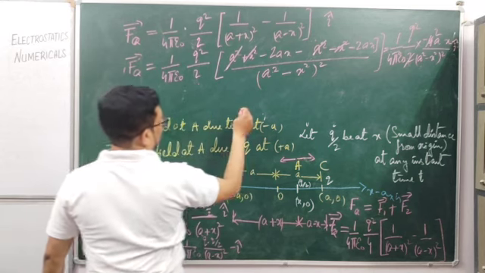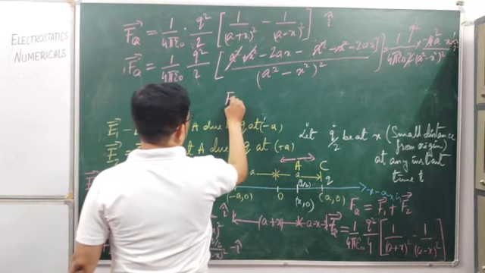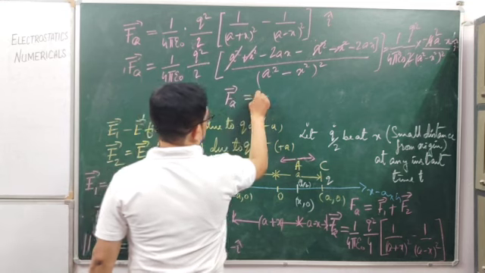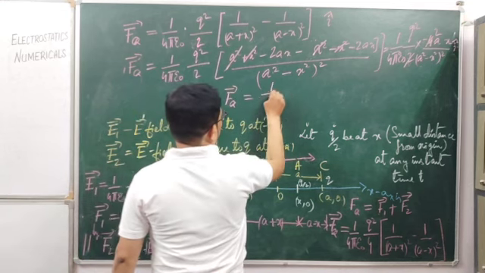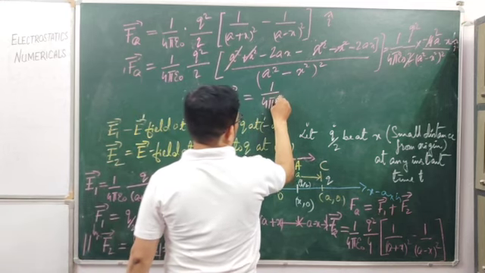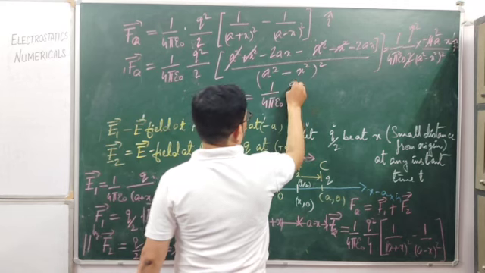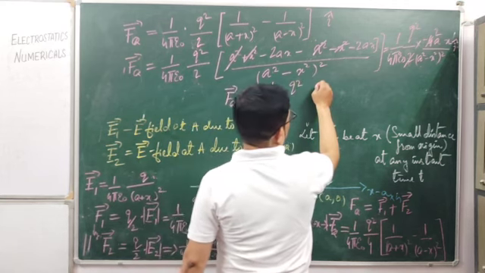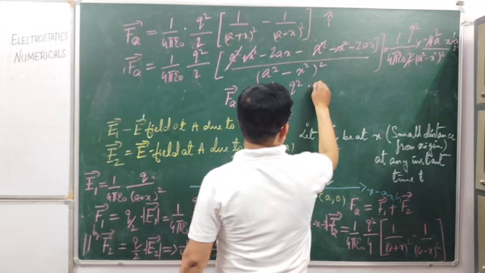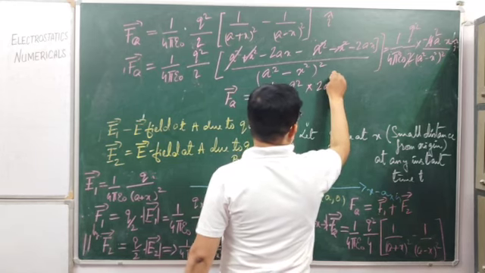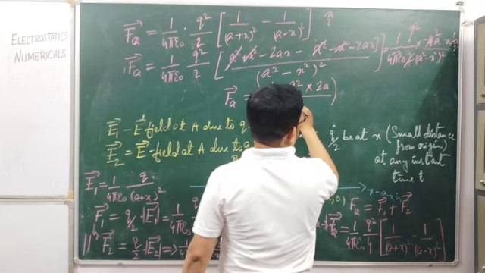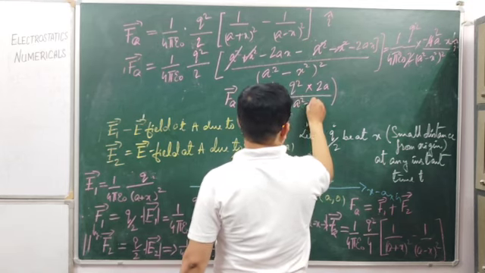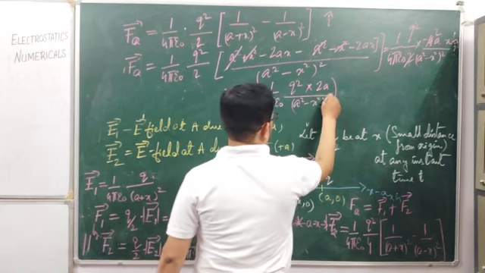Therefore, what's the conclusion? The conclusion is this Fq is equal to 1 over 4 pi epsilon naught, and here it comes out to be q squared multiplied by 2a. In the denominator, we are left with a squared minus x squared whole square.